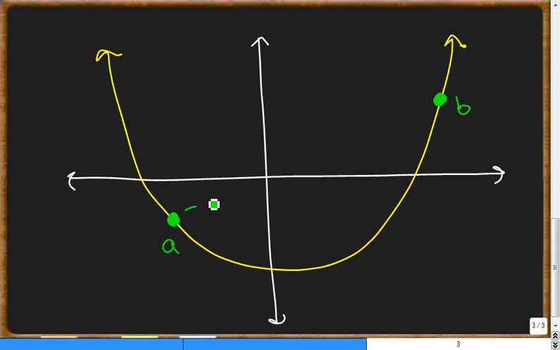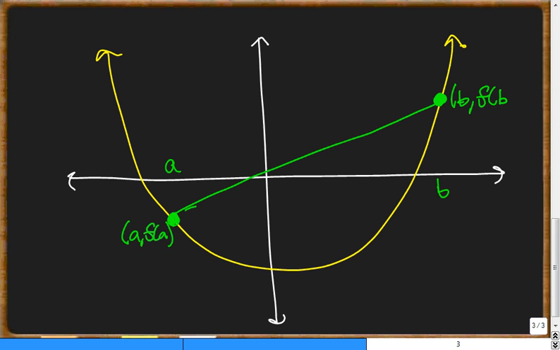So think about connecting these points together. This point is A, f of A, and this point is B, f of B. So the slope between these 2 points, so M is f of B, which is y2 minus y1 over x2 minus x1. And so that's what that slope is.